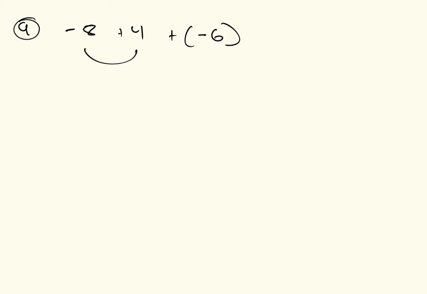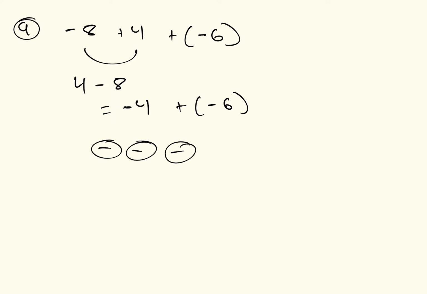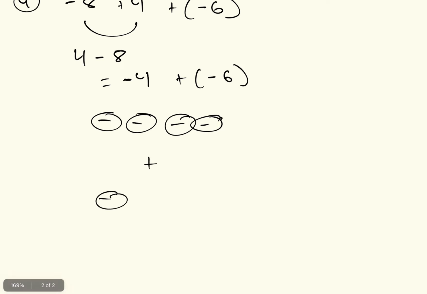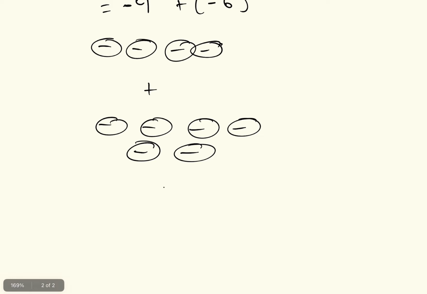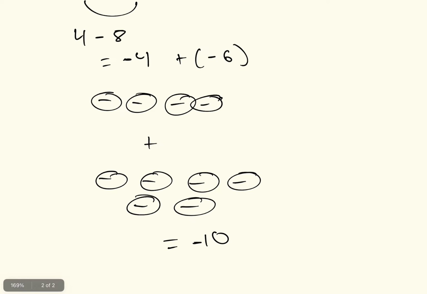We can just flip that and go 4 minus 8, which we know equals negative 4, and then plus negative 6, which adding a negative, we can go negative, negative, negative, negative. That's for the negative 4, plus negative, negative, negative, negative, negative, and negative, which will give us negative 10.